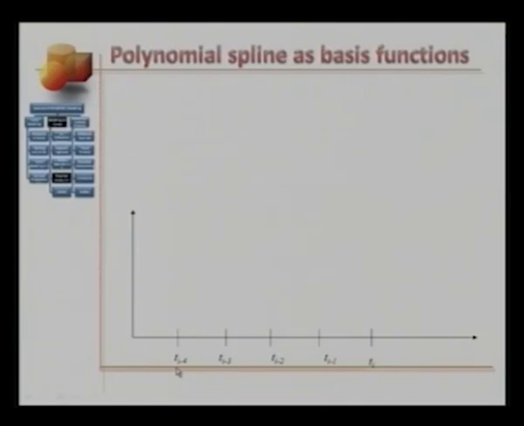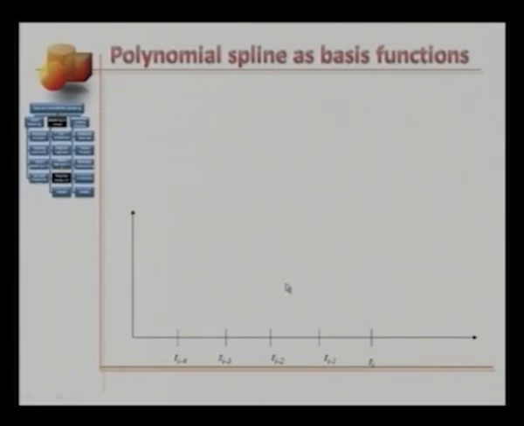A word first about how I try to compute and construct B-spline basis functions. I like to go from right to left. There are many books that would go from left to right, but it doesn't matter. I'm comfortable with going from right to left.